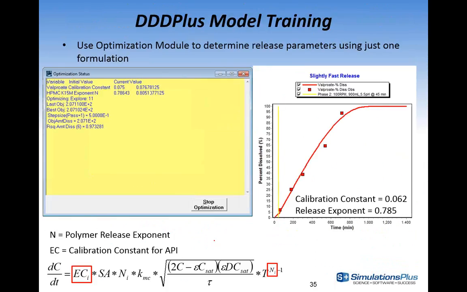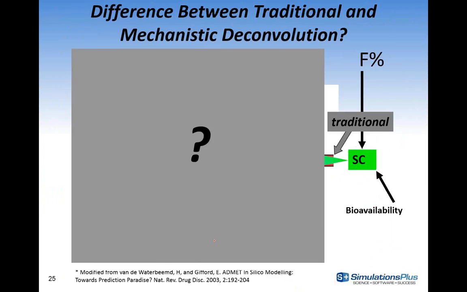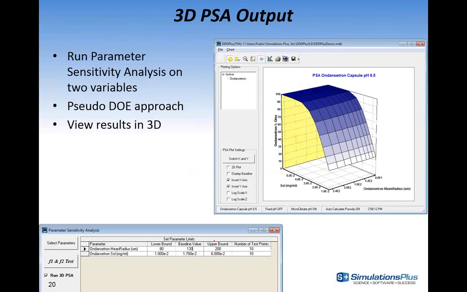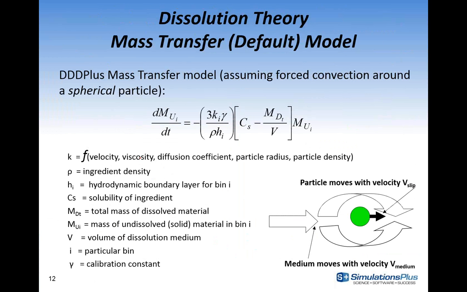We think of the DDDPlus implementation as almost a next generation Z-factor approach, because you can fit a calibration constant to get a dissolution rate, but you could still mechanistically assess the impact of changes to particle size distribution, changes to diffusion coefficient, and so on.